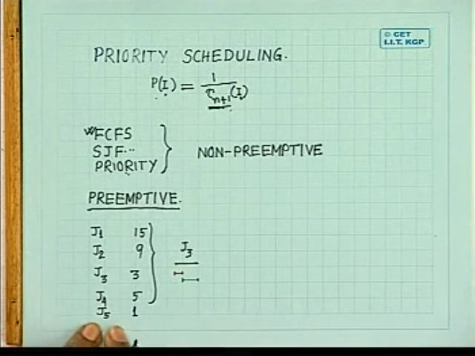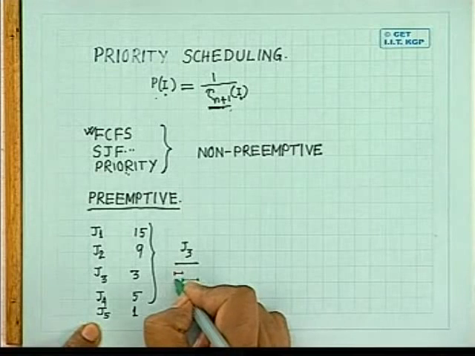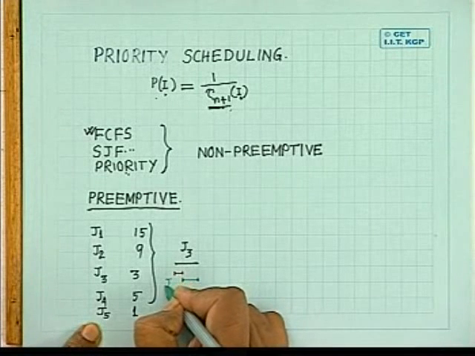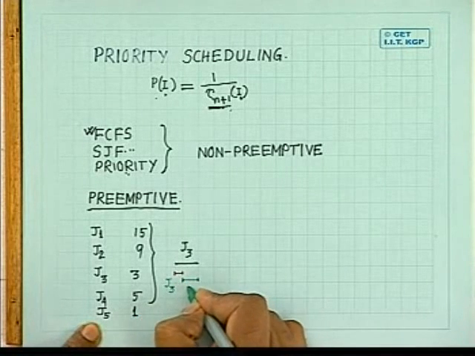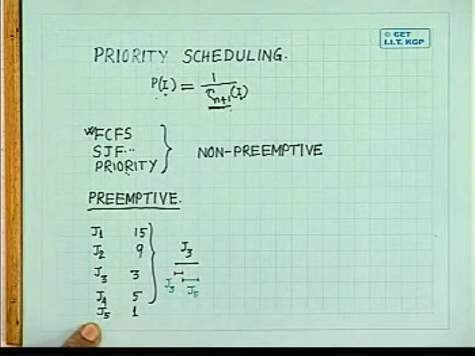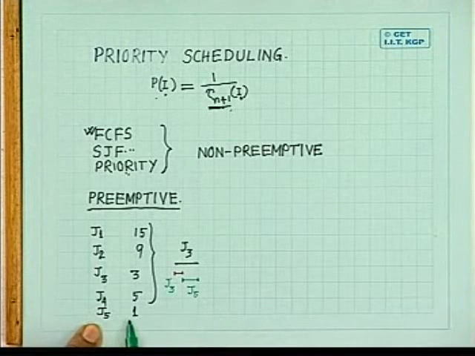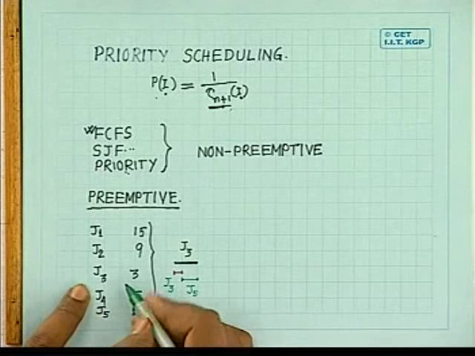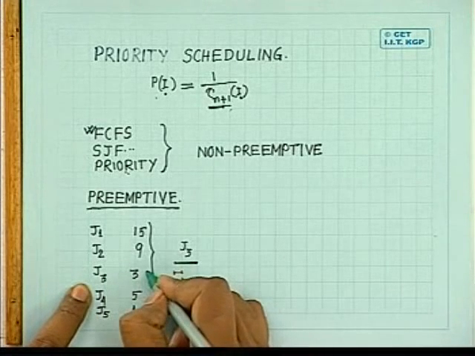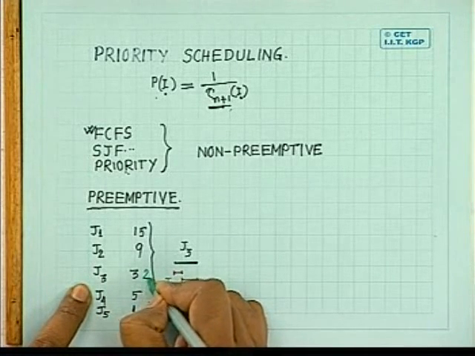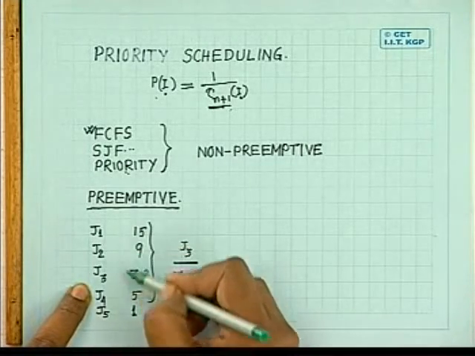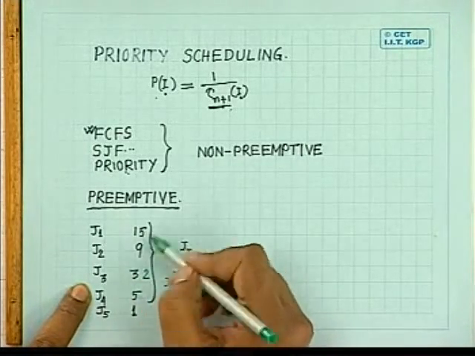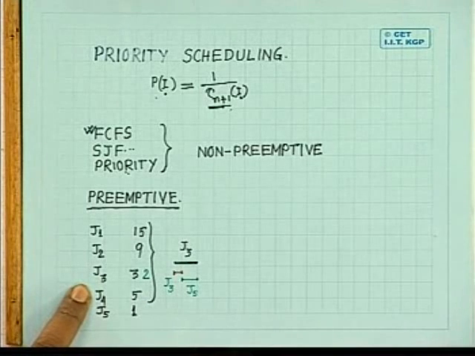So J3 is executed here, J5 is executed here. After completion of job J5, I have within the ready queue job J3 with a remaining time of 2 time units. Other jobs have not been executed at all, so for them the remaining time remains the same.